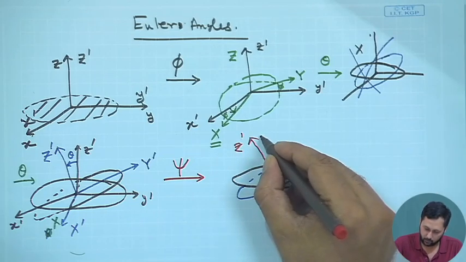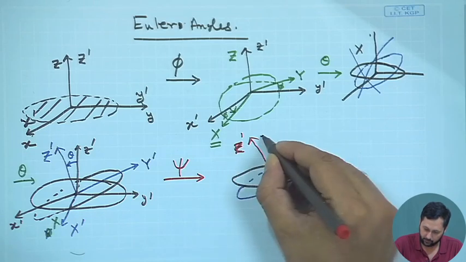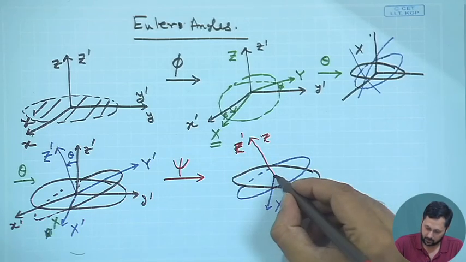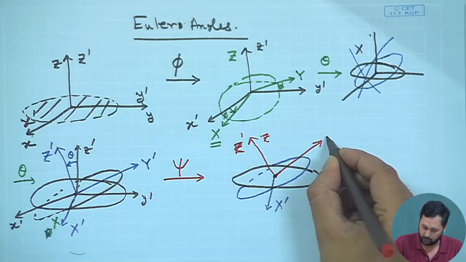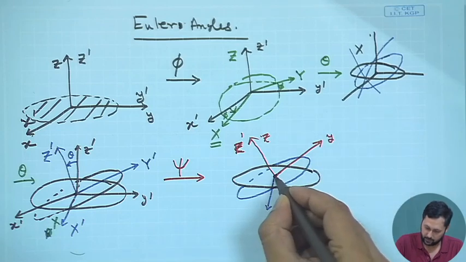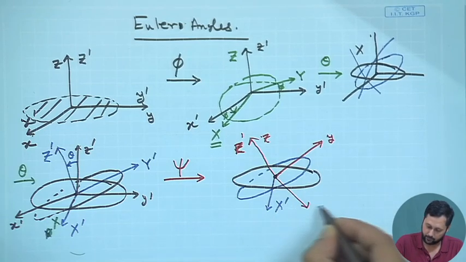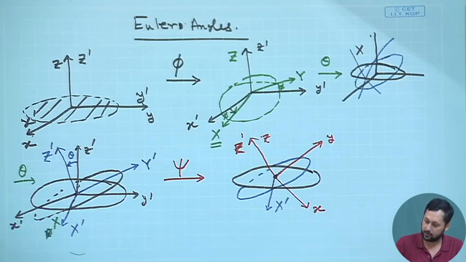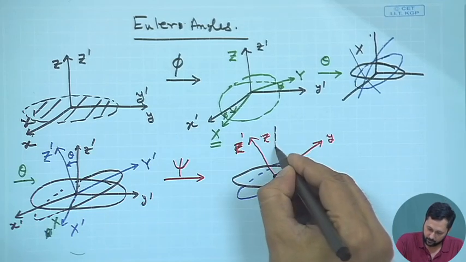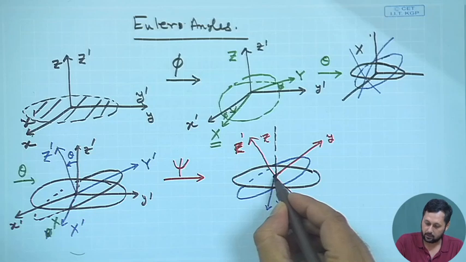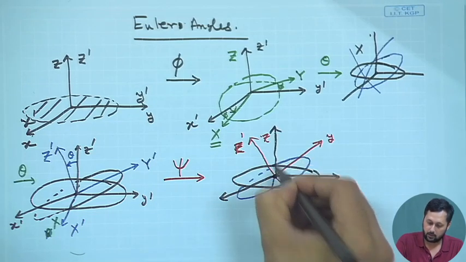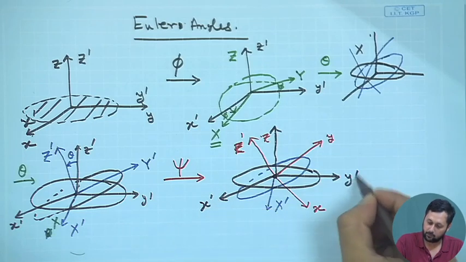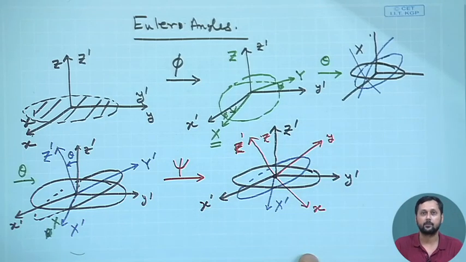It will go to small z, and my new y will be small y and x will be small x, right. And the original position is x prime, y prime, z prime.